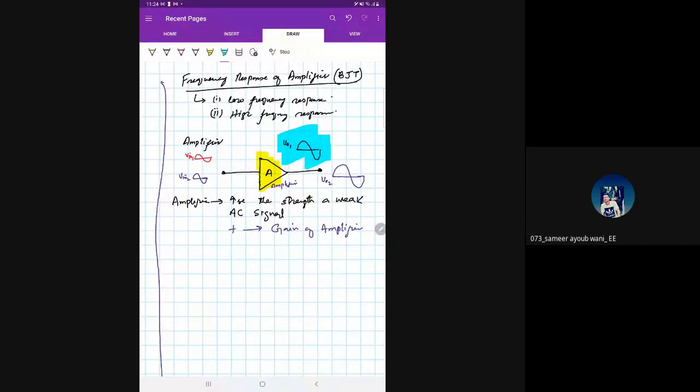Similarly, if we have a different AC signal, V input 2, it will result in a different output, V output 2. Maybe V output 1 is stronger than V output 2, or V output 2 is stronger than V output 1. But one thing is clear: they are different, because their inputs are different.